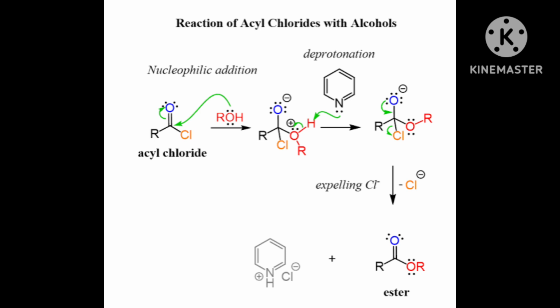It will form ester, RO, and from this R, COR is joined, hence it forms ester. The other product is HCl. This formation of ester is called esterification.